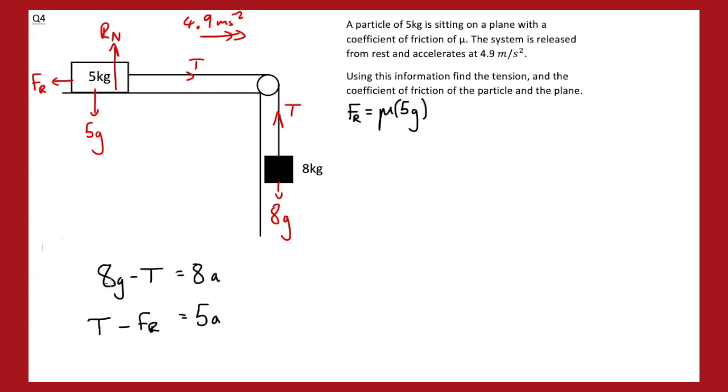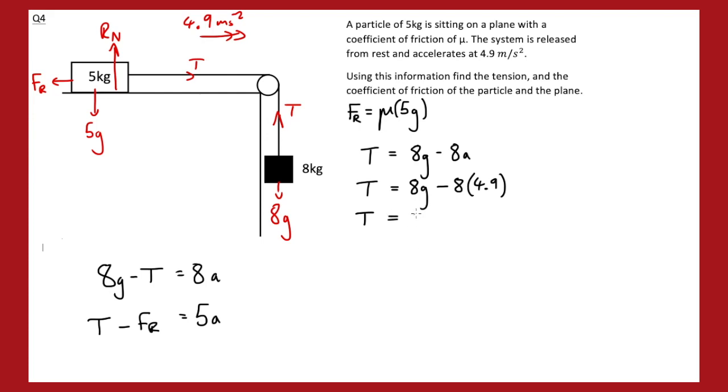We'll use that in our calculations. Let's take this first equation and rearrange it. We end up with T equals 8g minus 8a. So 8 times 9.8, subtract 8 times 4.9, that's our acceleration.